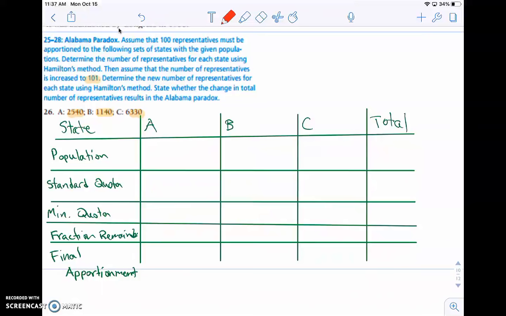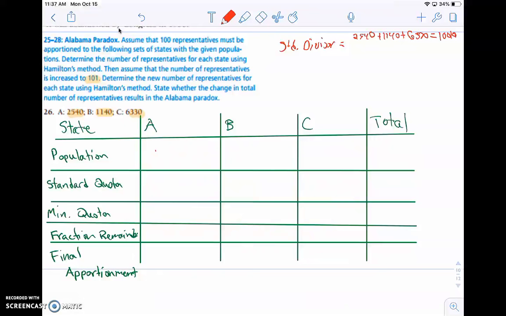So first, again, we need to find our standard divisor. You've got to add 2540 plus 1140 plus 6330, and we get a total population of 10,010.